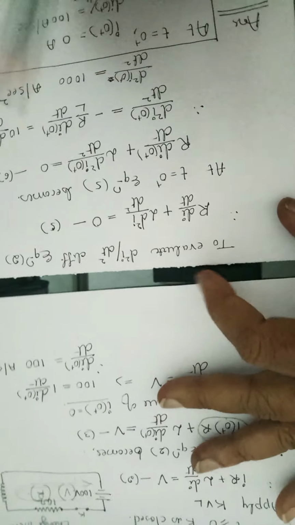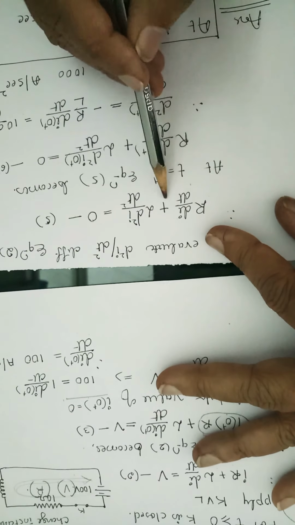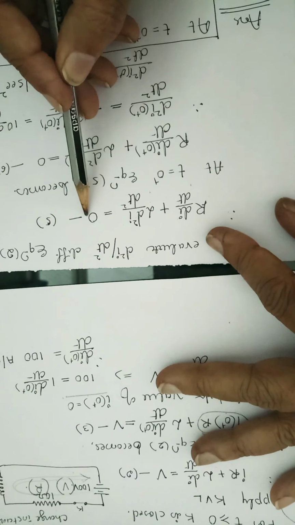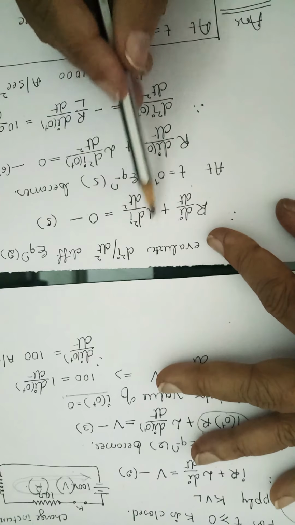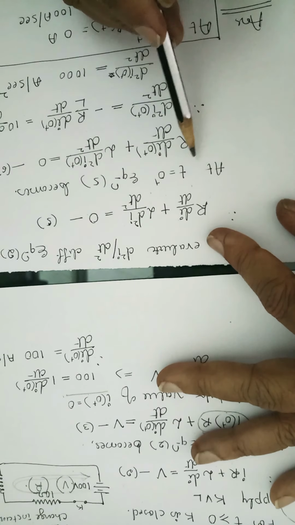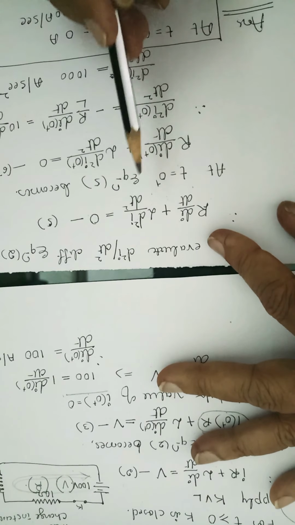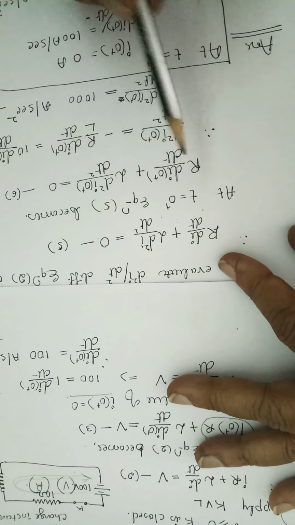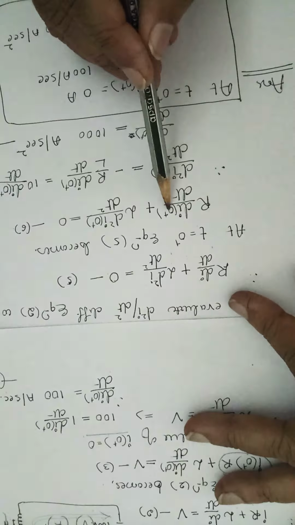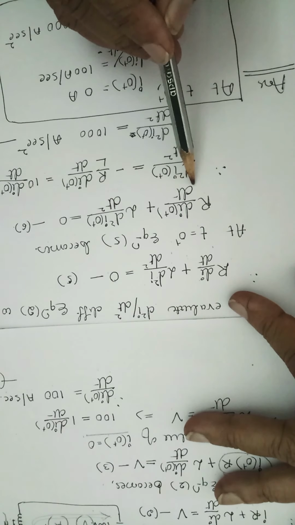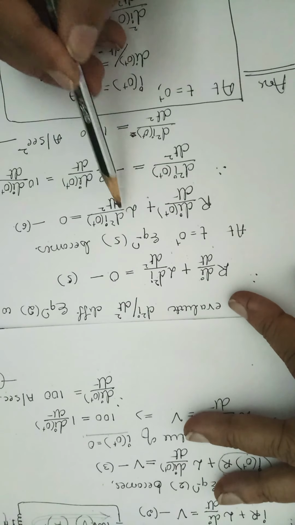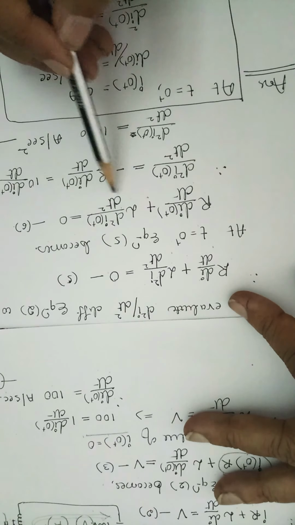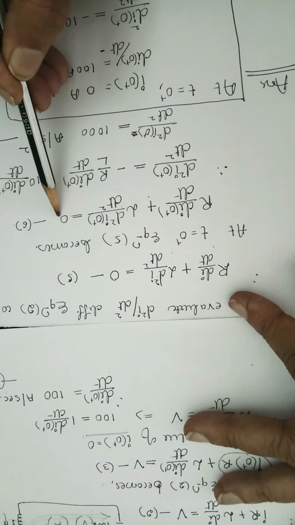So we need to evaluate d²i/dt² at t equal to 0 plus. Thus, the equation becomes R di(0 plus)/dt plus L d²i(0 plus)/dt² equal to 0.